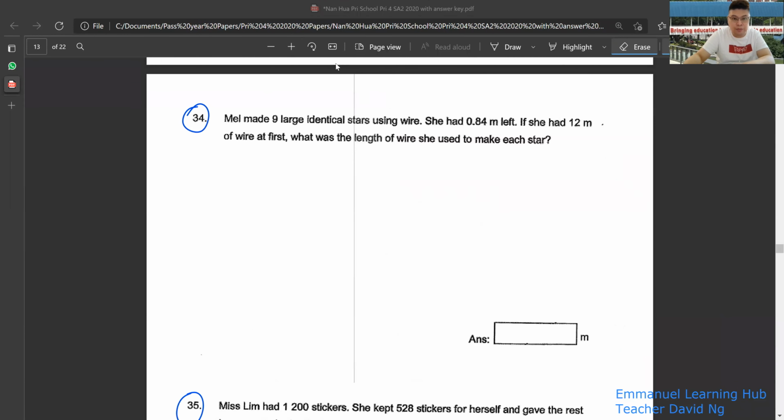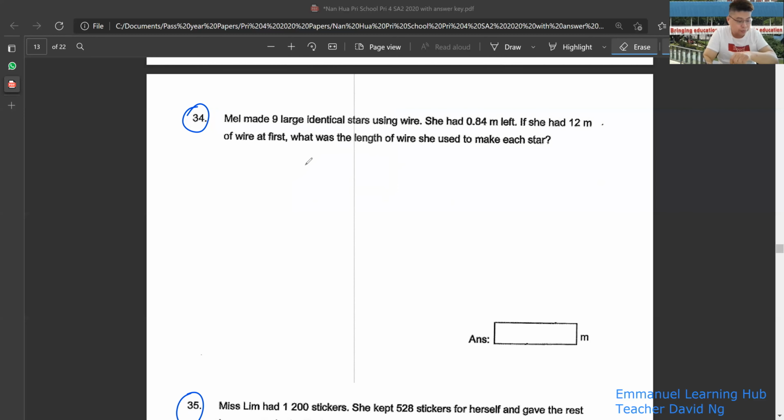Okay, 34. Mel makes 9 large identical stars using wire. She had 0.84 meter left. If she had 12 meters of wire at first, what's the length of wire she used to make each star?